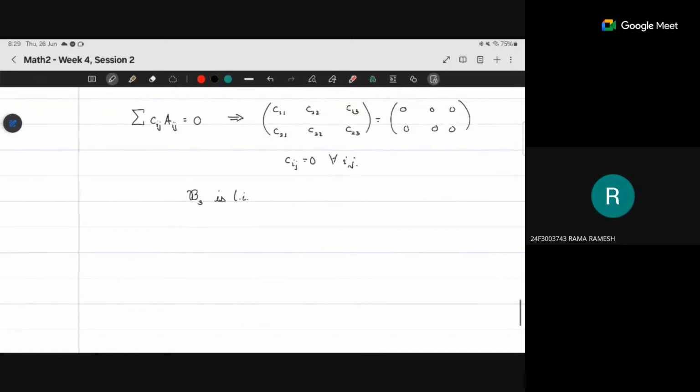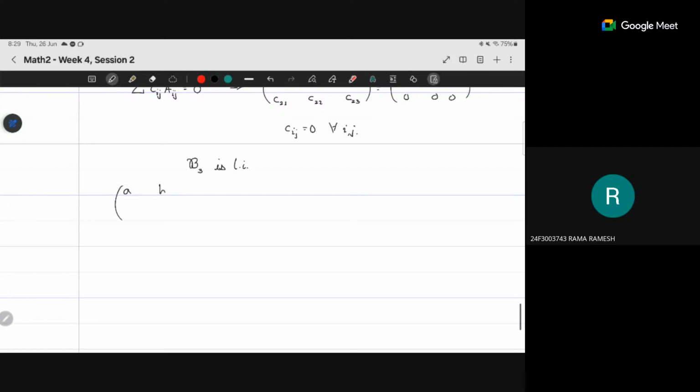So if I take any arbitrary element A, B, C, D, E, F, I can write it as A A11 plus B A12 plus C A13 plus D A21 plus E A22 plus F A23.